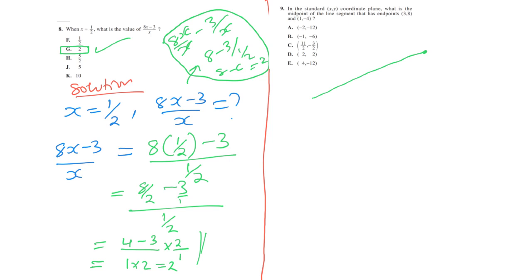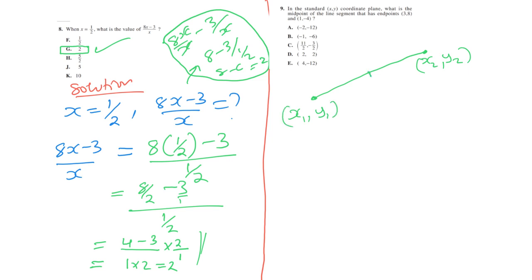Assuming that is your line, this is x2 and y2. In the standard XY plane, we plot x and y. This is x1 and this is y1.